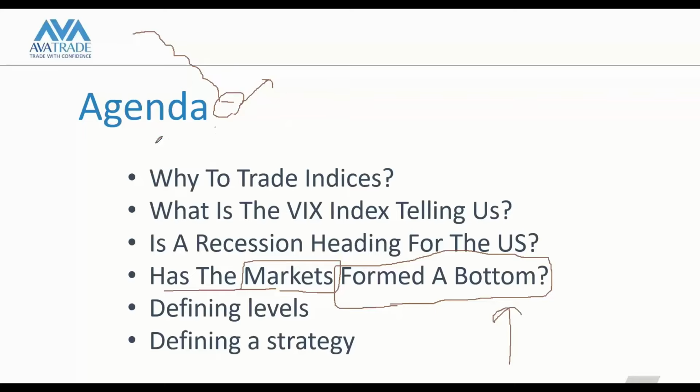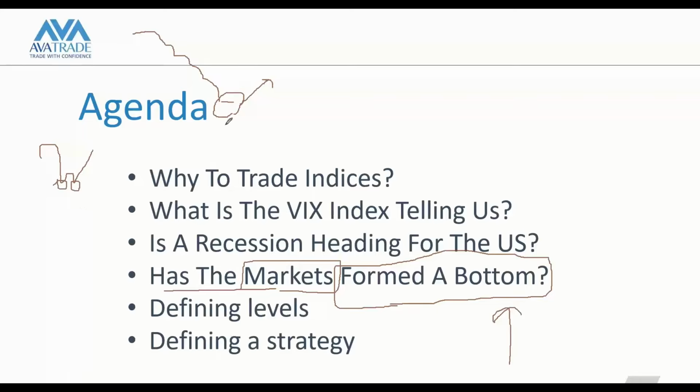But I will explain to you, double bottom is when the market falls, it comes over here, it goes a little bit up, and then comes back to the same particular point, and then goes back up. So we have one bottom formed over here, and then another bottom formed over here. That is called a double bottom.